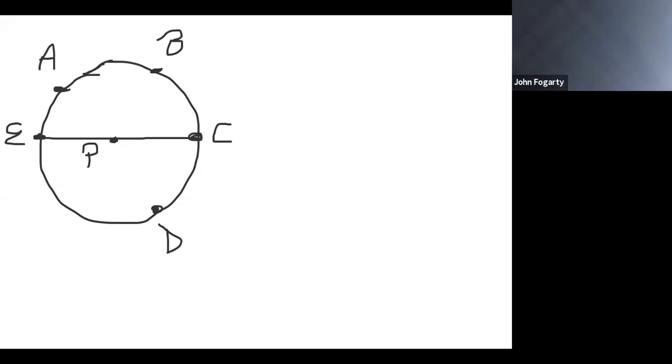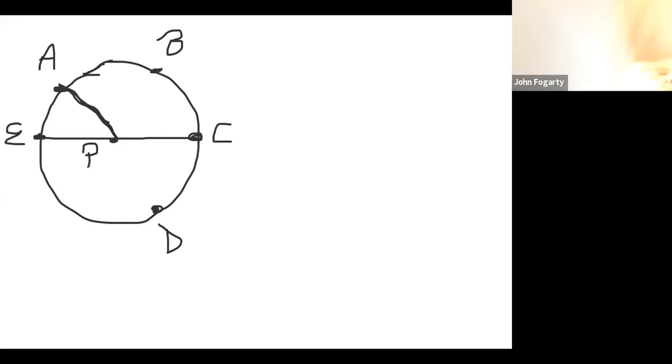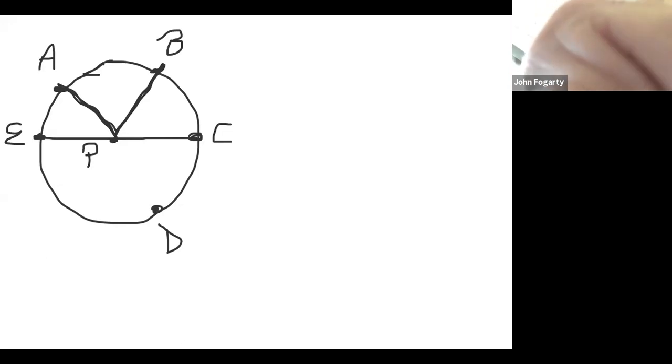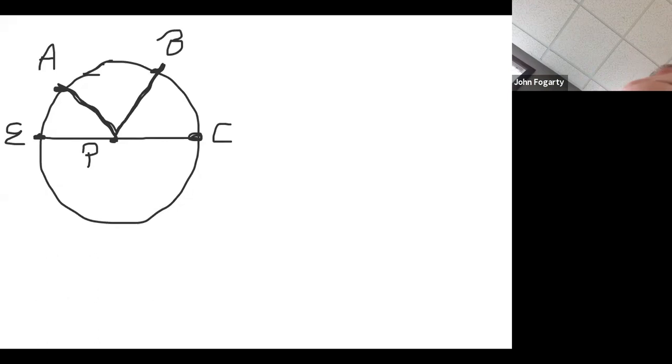All right, so this is going to be circle P. All right, so we have E, C, A, B, D. I'm going to move D because I don't want you to think it's actually a diameter, because it's not.